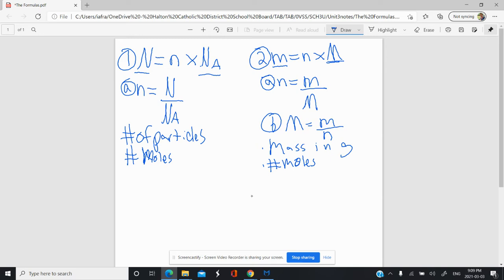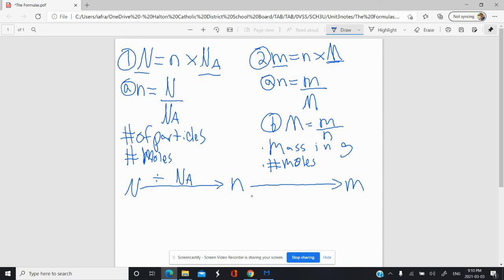And you can connect the two, for example, right? So you can do, let's say you had the number of particles and you want to go to the mass in grams. What you would do first is you would go to the moles. Whoops, moles is little n. And then you would go to the mass. You can go from the number of particles to moles by dividing by Avogadro's number.